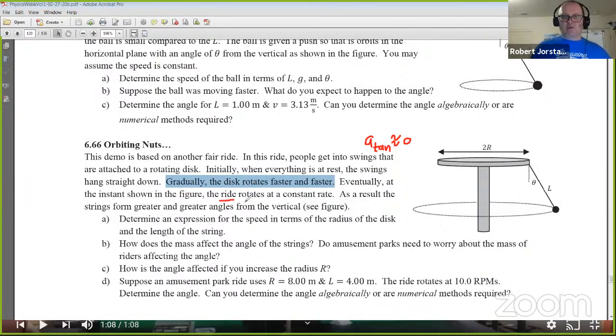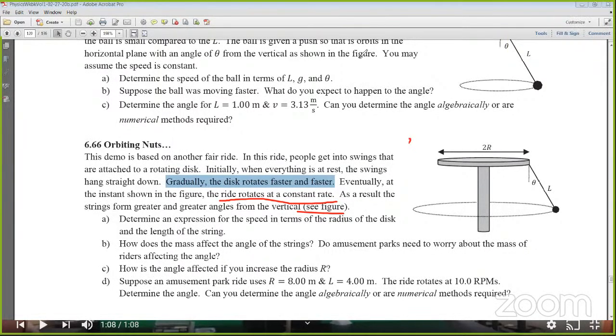Okay. And then at this point, the ride is rotating at a constant rate. They form greater and greater angles from the vertical. What's your gut tell you here? If you have different people on this ride with different masses, who's going to swing out to the largest angle?